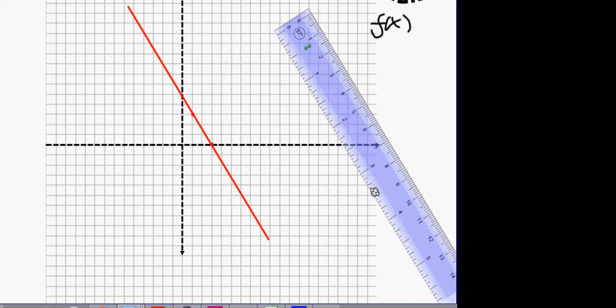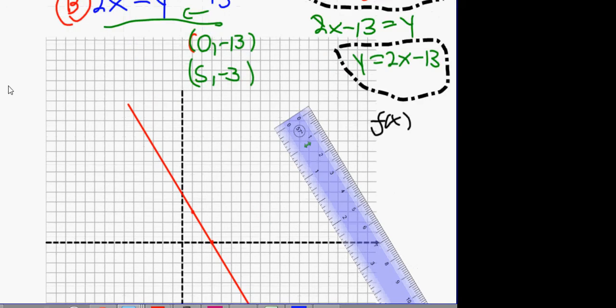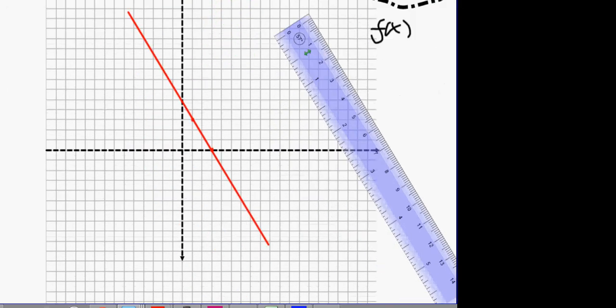Now, it's where both lines intercept each other that is the solution to this question. So what's the 2 green points? 0, minus 13, which is going to be located where? 1, 2, 3, 4, 5, 6, 7, 8, 9, 10, 11, 12 and 13. As it turns out, I didn't even make my axis long enough, okay?